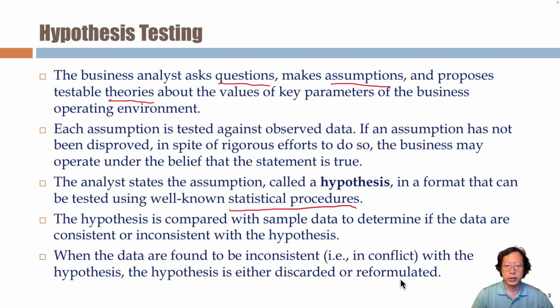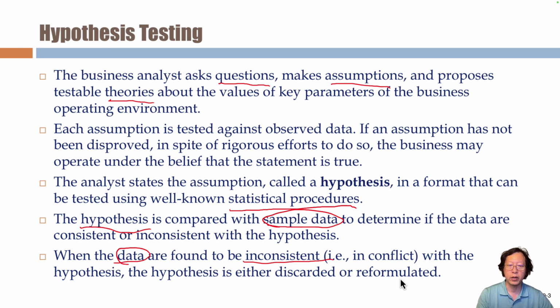We will use sample data. Before we collect the sample data, we can create a hypothesis, and the hypothesis will be compared with the sample data, and then we make a conclusion. If what we find in the data is inconsistent or in conflict with the hypothesis, then the hypothesis will be rejected.